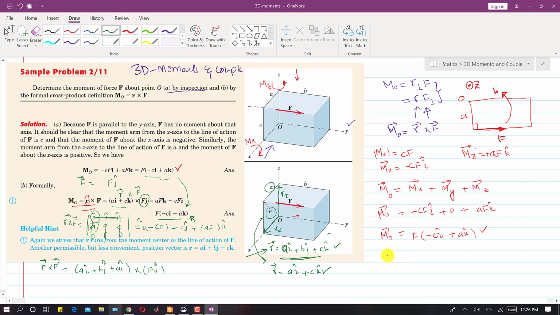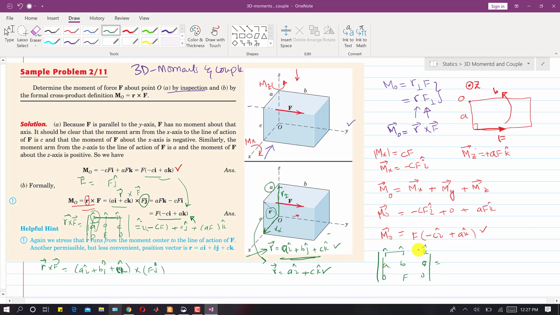This will be equal to the determinant with i, j and k, then A, B and C, and 0, F and 0. And now we take the cross product, right?